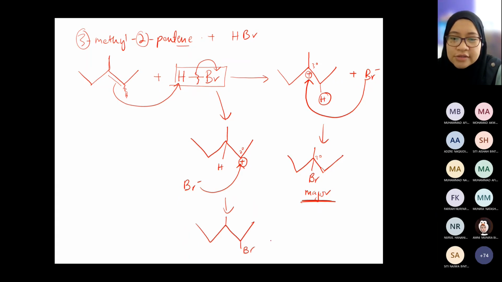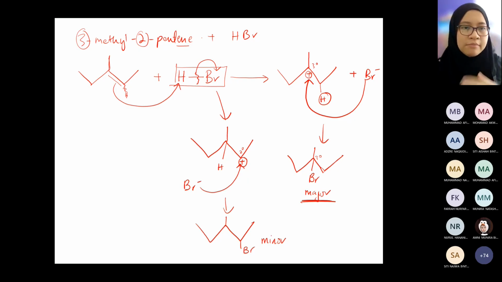See? So this is what we call the minor product, because the competition is between tertiary and secondary. So in that case, we have major and minor.